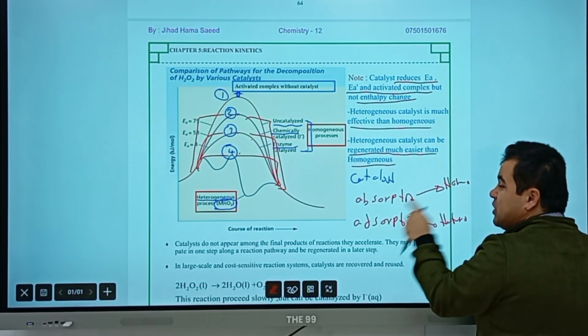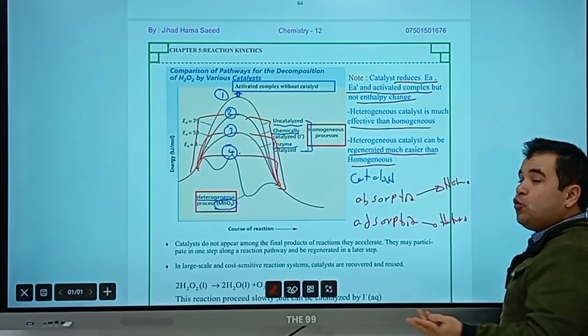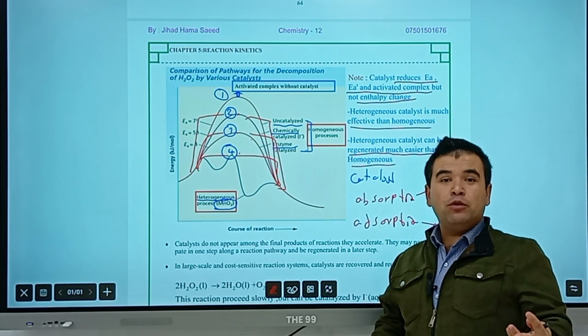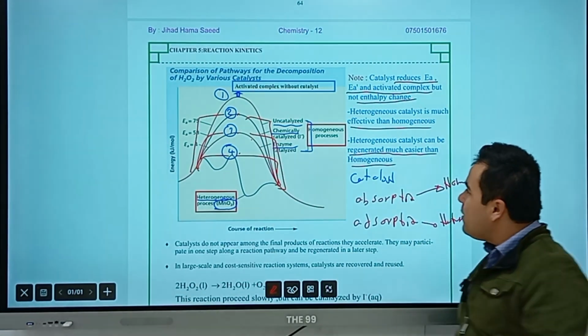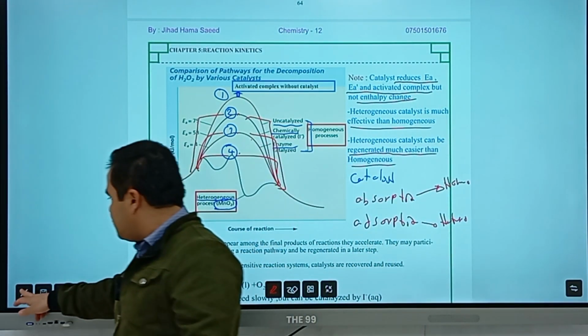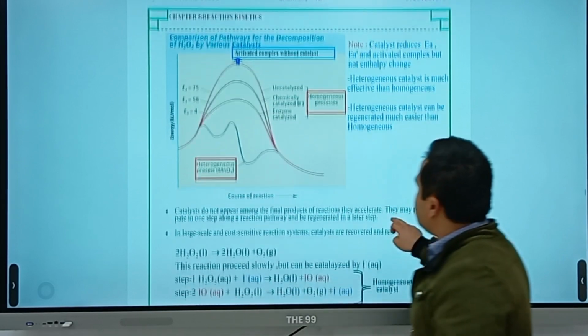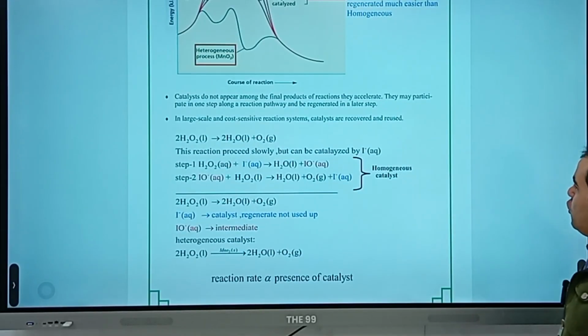That's why we call it adsorption. And which one is much easier to regenerate? Of course, the one that reacts on the surface. That's why we said the heterogeneous is much easier to regenerate.